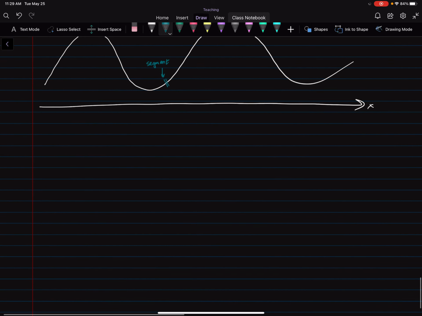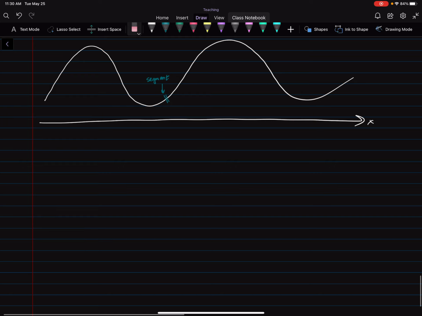So let's make some assumptions. Let's say the string is perfectly flexible, so we don't have to deal with any kind of hard, weird stuff. And we'll ignore the force of gravity since there'd be no reason. It's not a real scenario. We're just trying to get out the behavior of the wave, not the wave in real life under normal conditions. So we're isolating just the behavior of the wave.